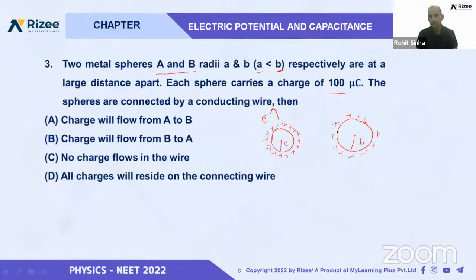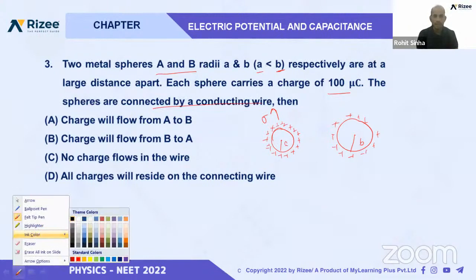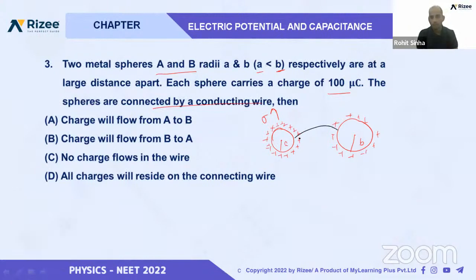It is telling that they are connected by a conducting wire like this. What will happen? Charge from high density will travel to low density. Yes, good.